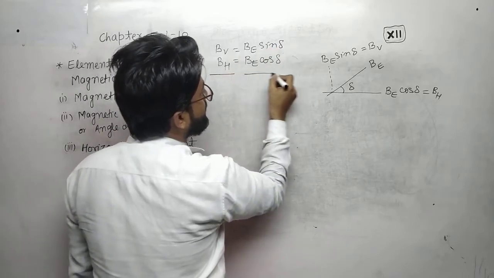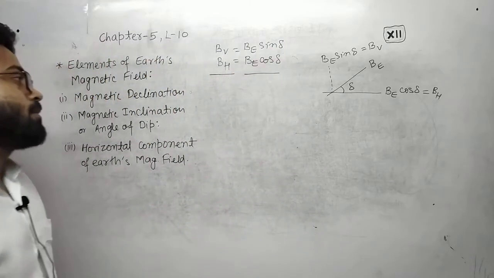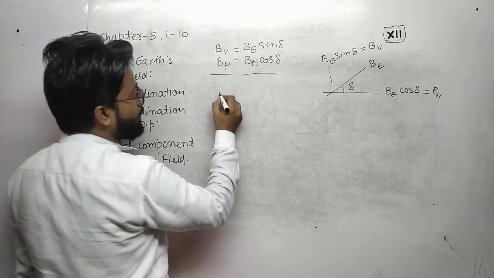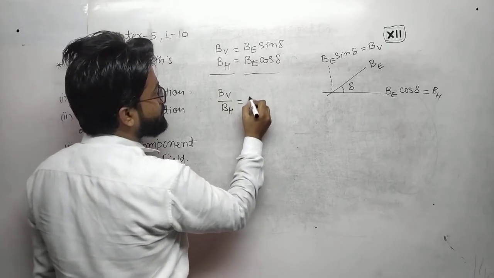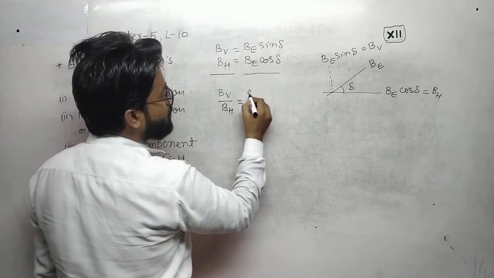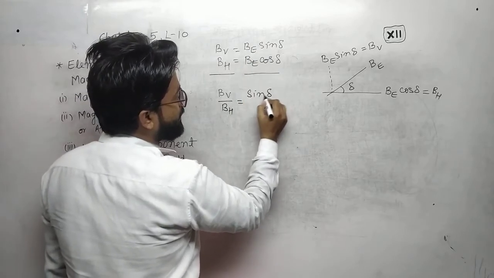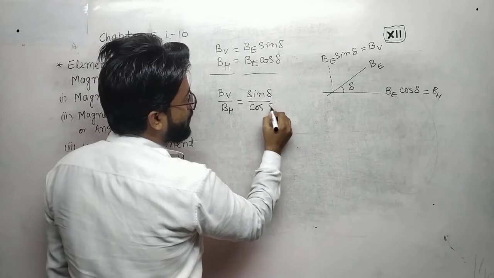If you divide these two equations, BV upon BH equals BE cancels out, sin delta upon cos delta.